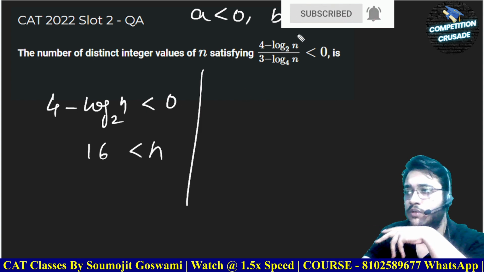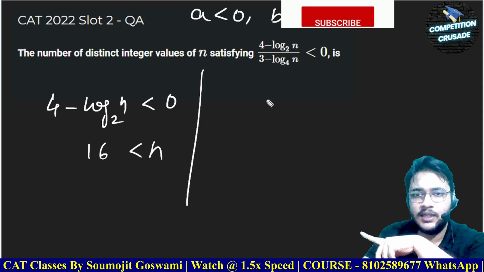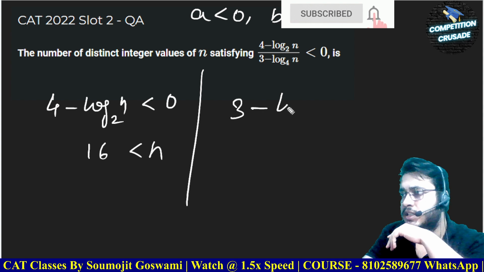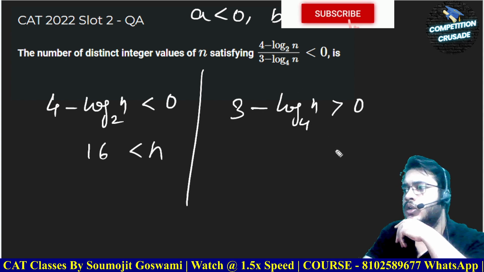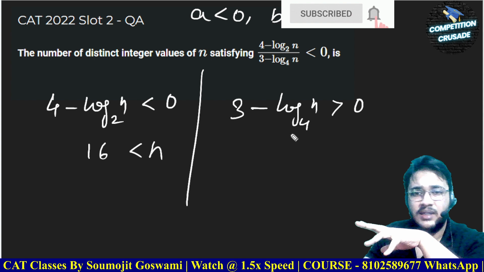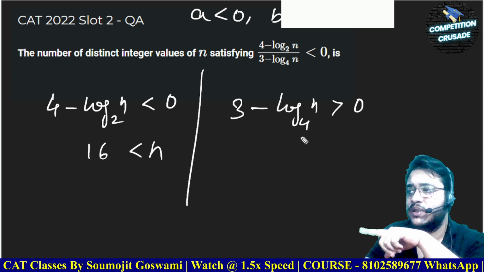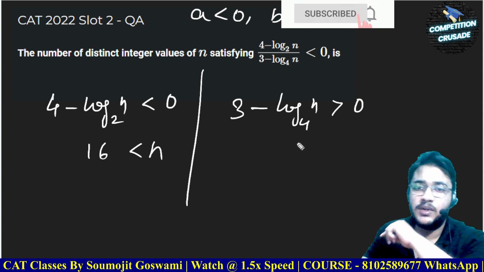For the numerator we have got this, let's do it for the denominator. 3 minus log n base 4 has to be greater than or equal to 0, which means that again log n base 4 is less than 3, so n is less than or equal to 4 raised to the power 3, or 64.